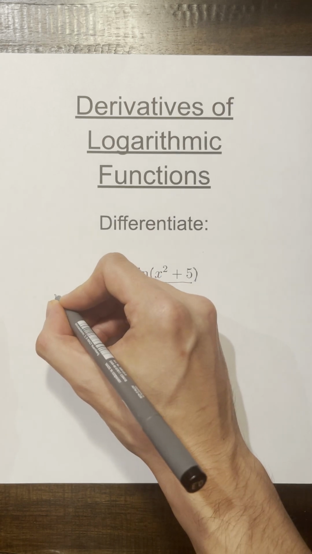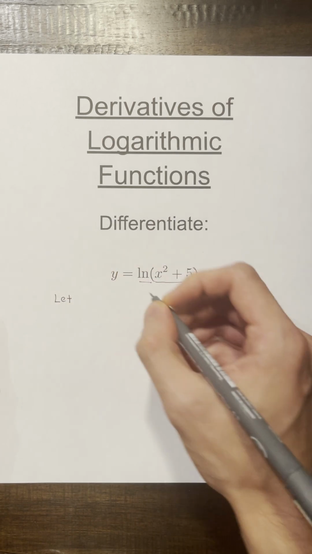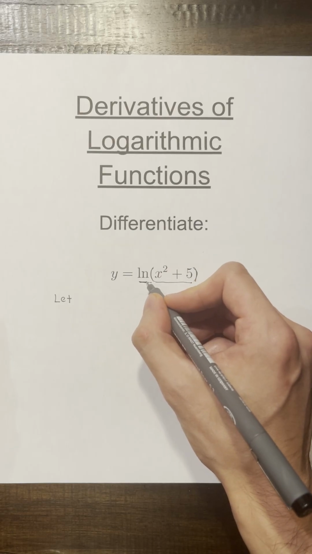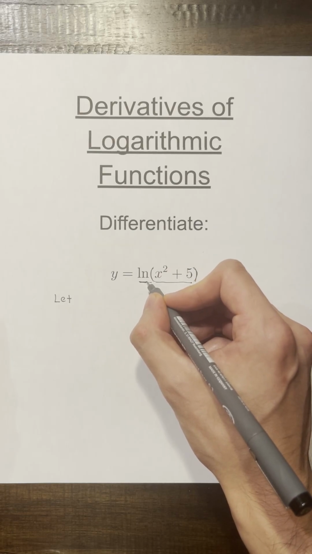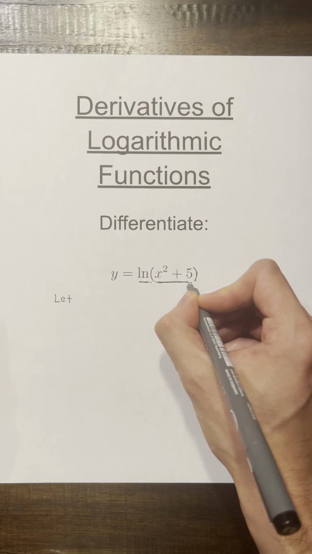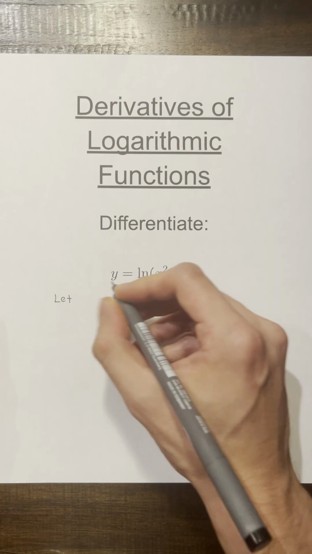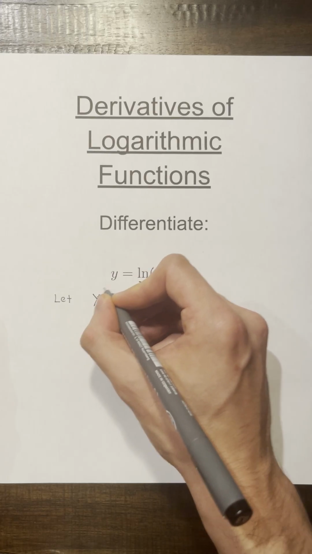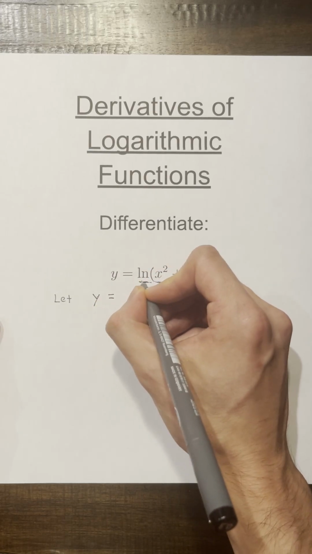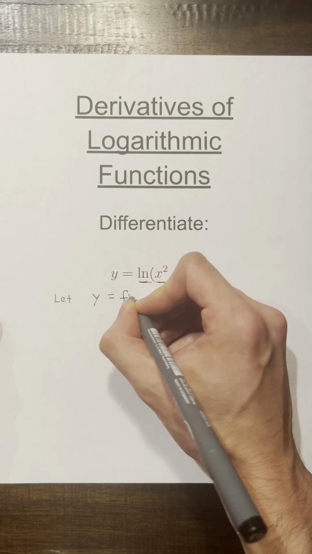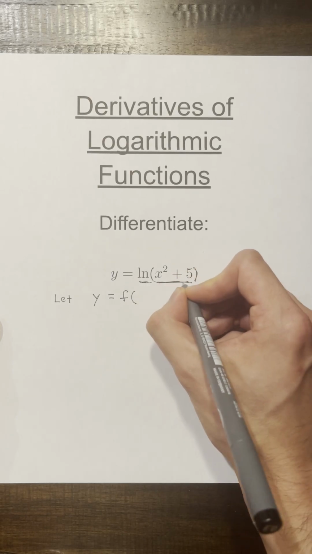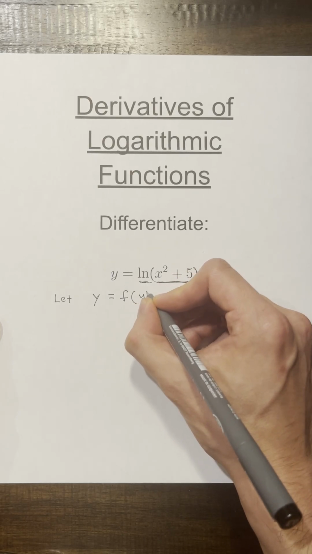Well, I am going to let the outside function be f and the inside function be g. Okay, so the outside function is f, and we've got y equals f of, I'm going to call this u as well, but more on that in a second.